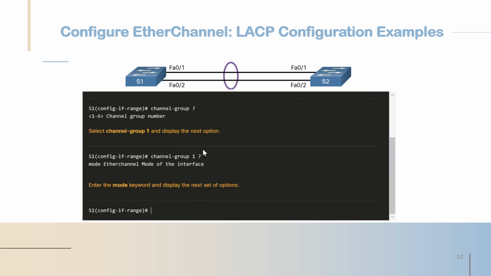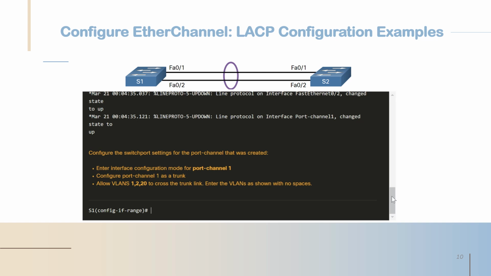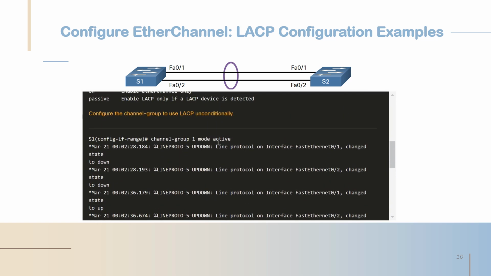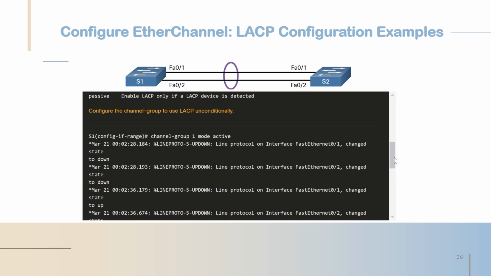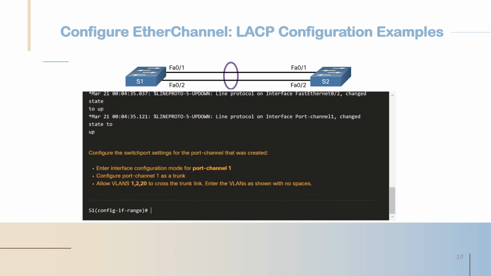So we will create group 1 followed by the mode. The mode will be active, to enable LACP unconditionally, as you can see here, using channel-group mode active.